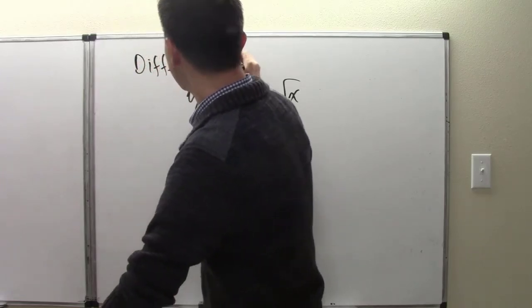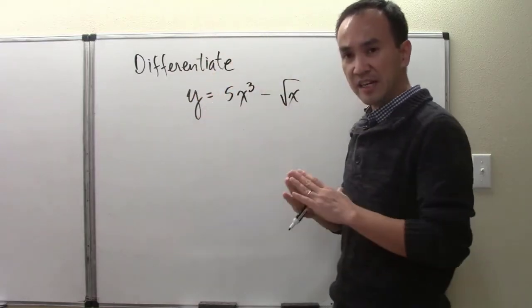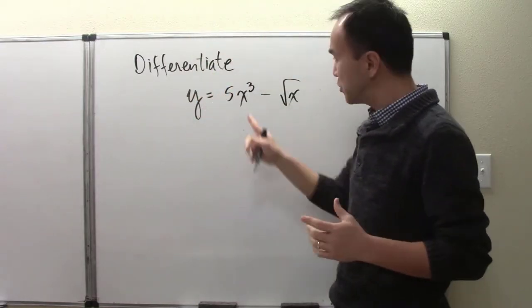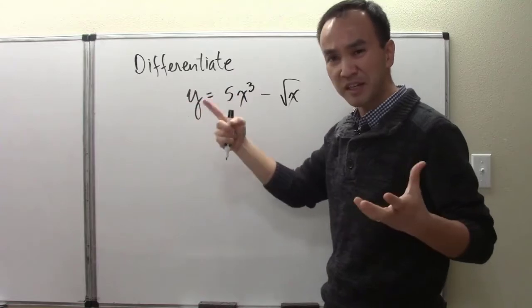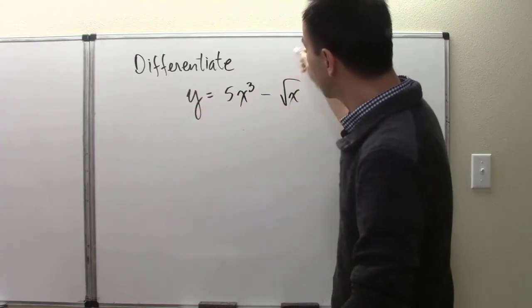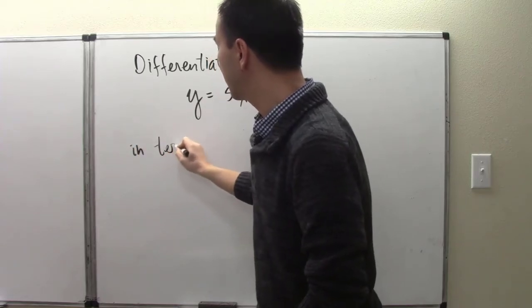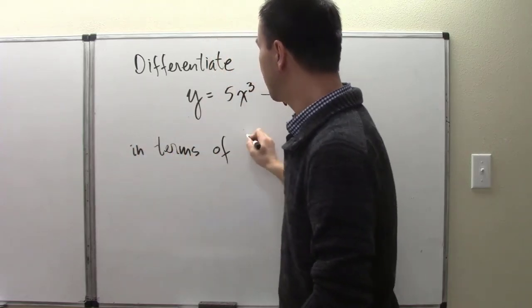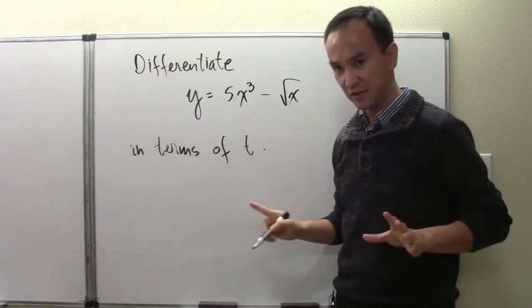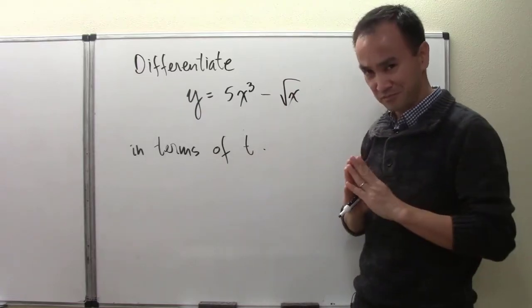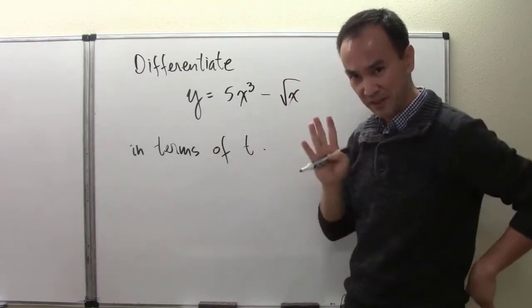I have spent a good amount of time in the general lecture about related rates explaining what it means to differentiate this equation in terms of t. I explained this, hopefully thoroughly enough, in my general lecture.